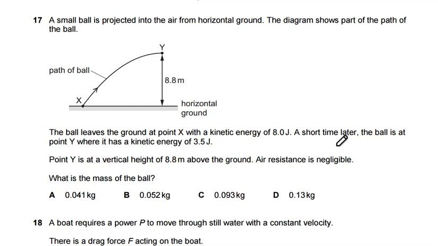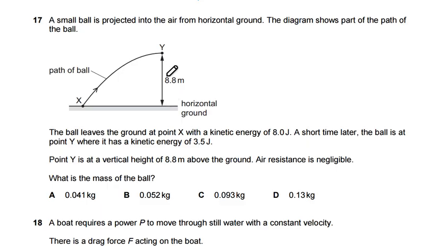So we have here kinetic energy at X, some of it converted to potential energy, and the other part remains. If we want to find the height, we know that gravitational potential energy is mgh.